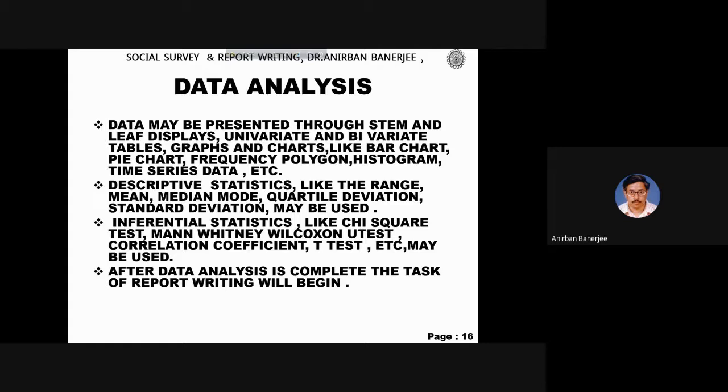Inferential statistics like chi-square test, Mann-Whitney-Wilcoxon U-test, correlation coefficient, t-test, etc. may be used. After data analysis is complete, the task of report writing will begin.